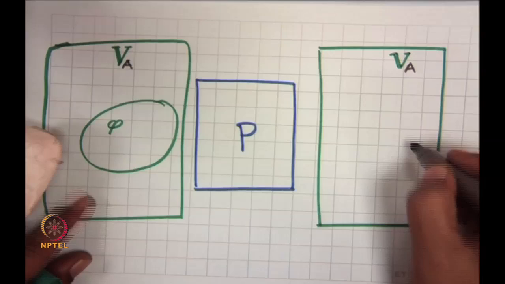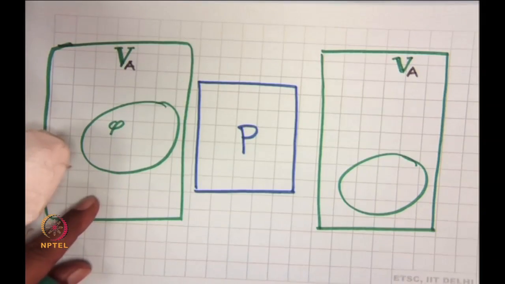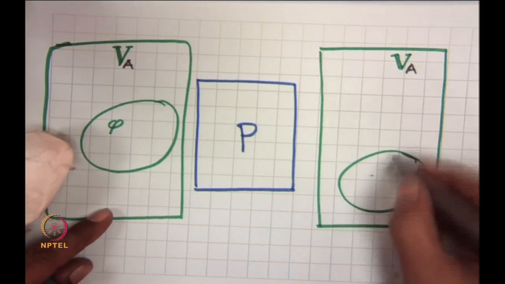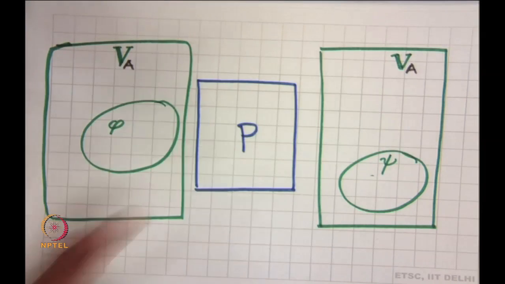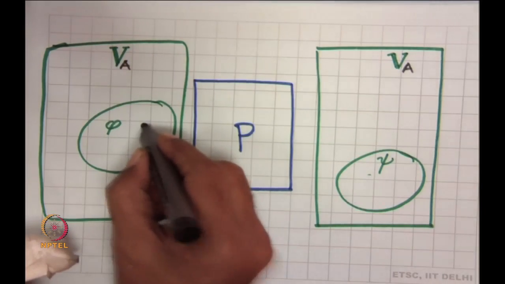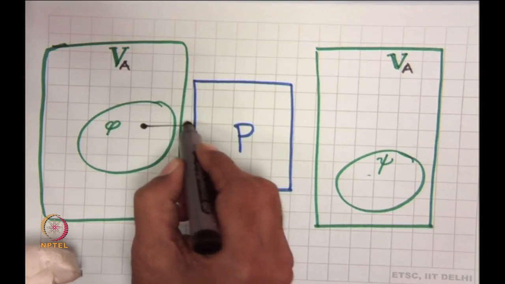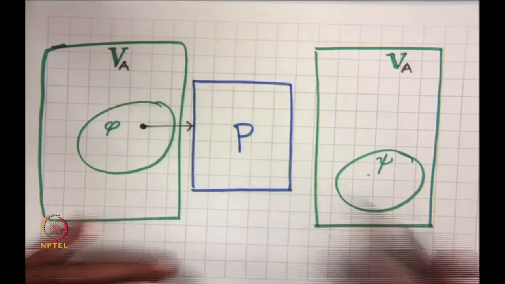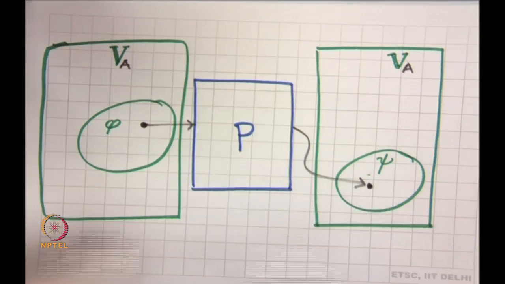So, there is some subset of this VA which satisfies some predicate psi, and essentially what I am saying is that this program as a state transformer, what it does is it takes, let us say, an element starting from phi as input, and as output it gives me an element satisfying psi.